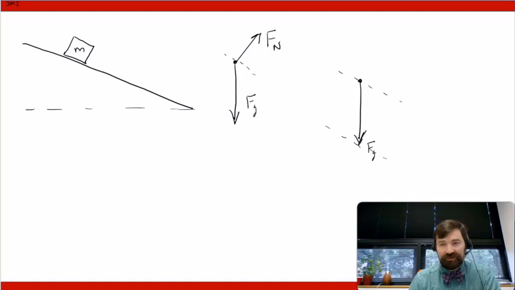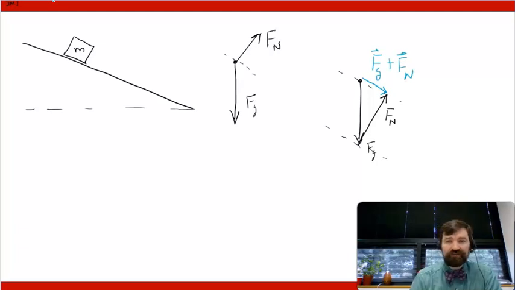My Fn actually would be exactly like this. So here's Fn. And that means that my total, my sum of these two, which I'm going to draw here in blue, this is Fg plus Fn, which in the problem as drawn, if this is a frictionless surface, this would therefore be the sum of forces, or the net force in the problem.